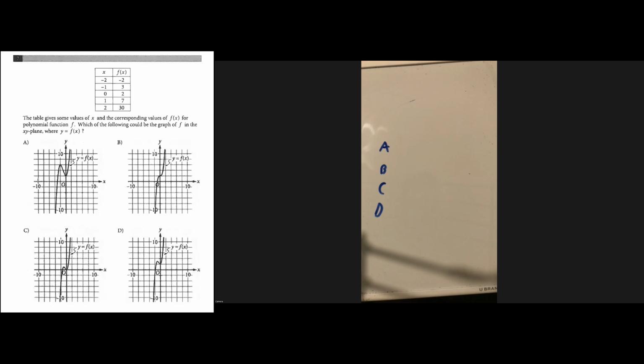The scale here is by 10 for all of these graphs, which means that each one of these boxes represents 2. So when you go right 1, your x increases by 2. And when you go up 1, your y increases by 2. And so 0, comma 2, well, answer choice A works for that. Answer choice B works for that. Answer choice C does not work for that. So C cannot be our answer. Answer choice D does work for that.